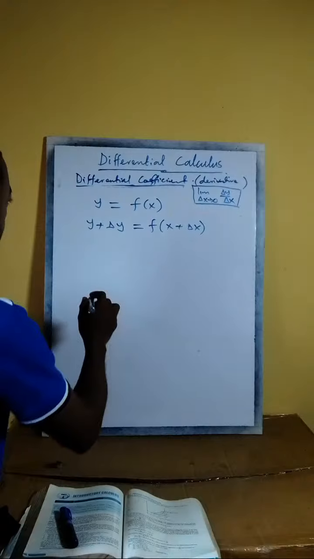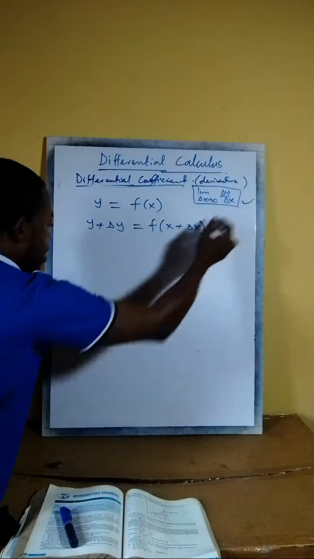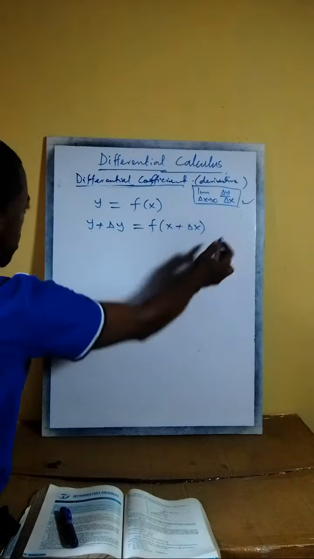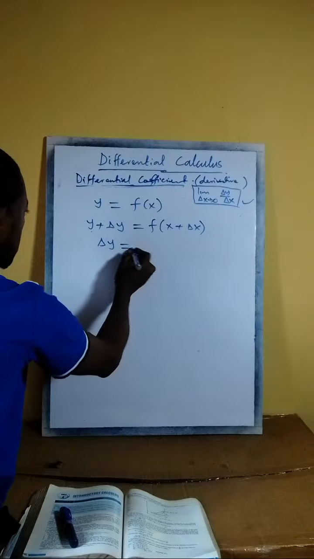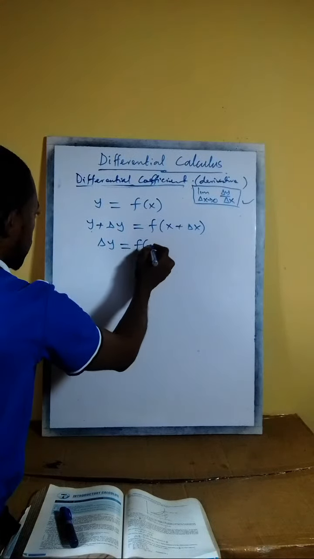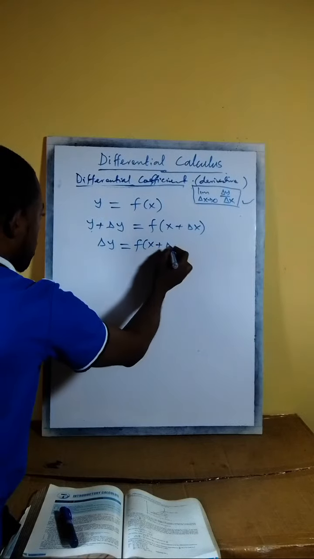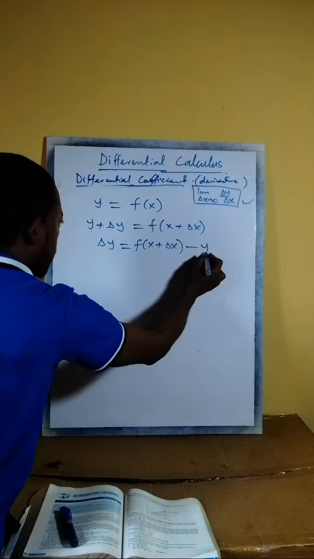That means I take y to that side, and I have delta y left here, which is now equal to f of x plus delta x, then minus y.